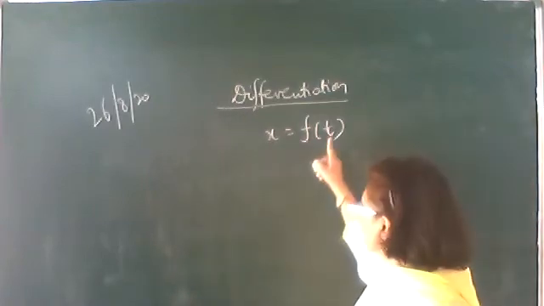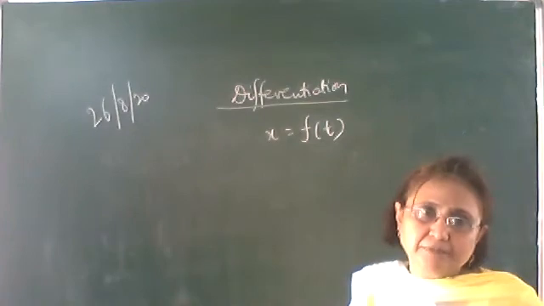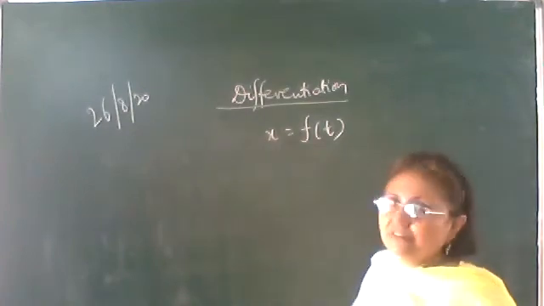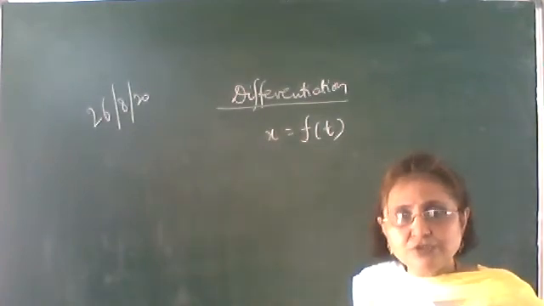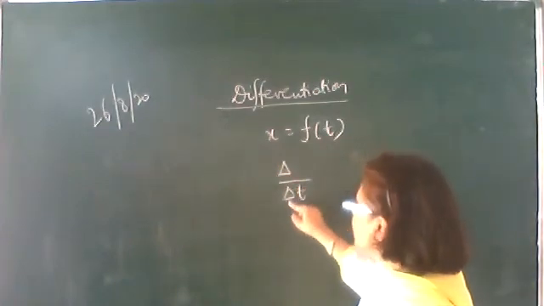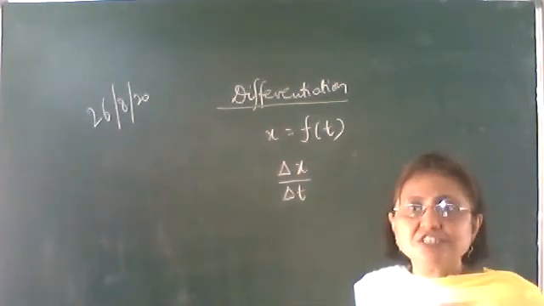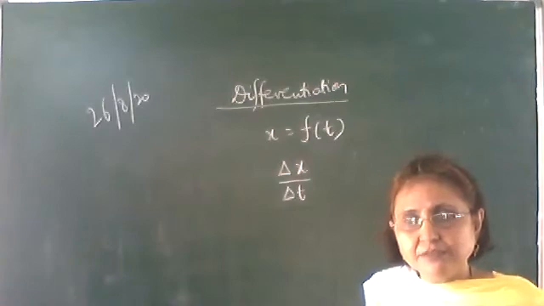Now if there is a small change in the time, correspondingly there will be a change in the displacement also. Let delta t be the small change in the time, then correspondingly delta x is the small change in the displacement.